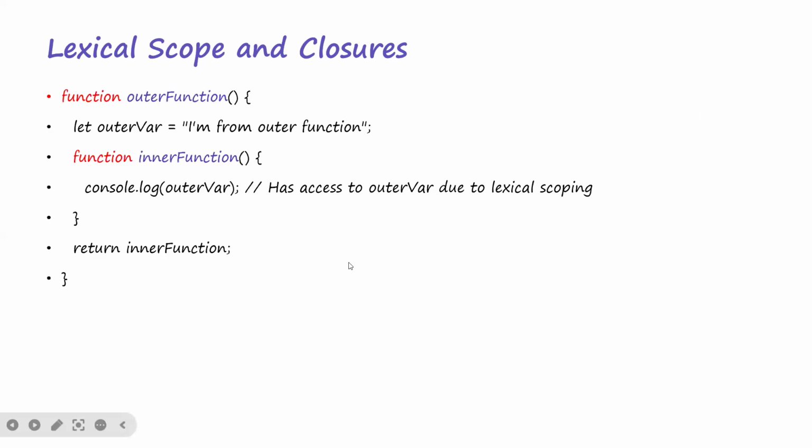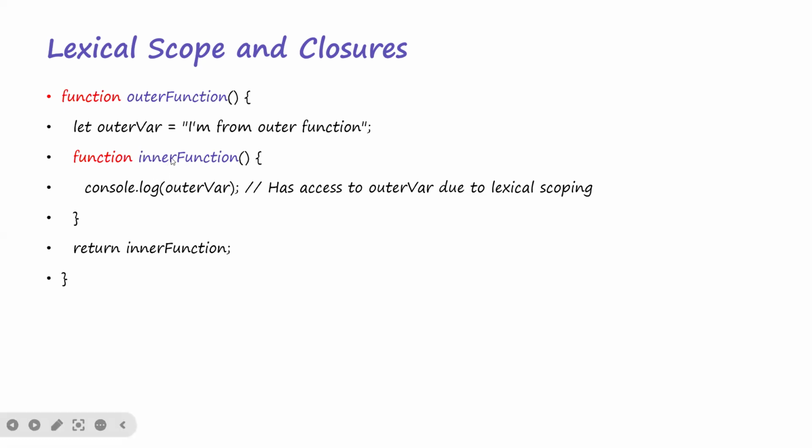So lexical scope. Look at what I mean. You can see this outer function here. All right, the scope starts at this first curly brace and ends here. But for this other inner function, the scope is from this curly brace to this other curly brace. So this is an inner function. But now there is a closure here. There is a lexical scope from here to here. All right.